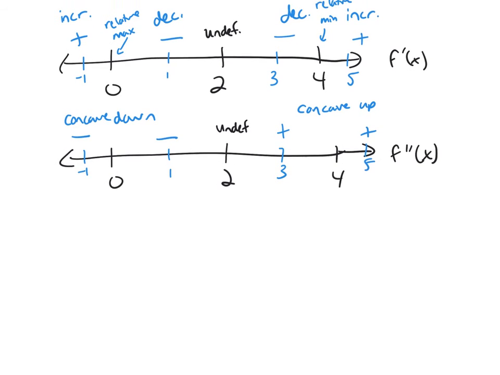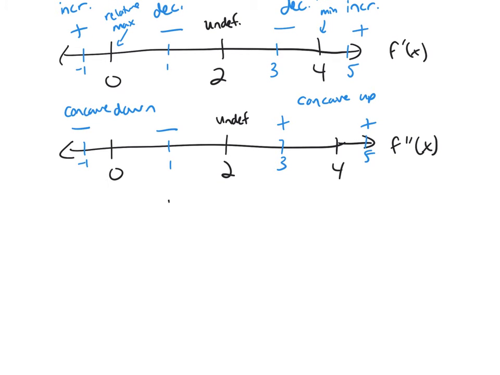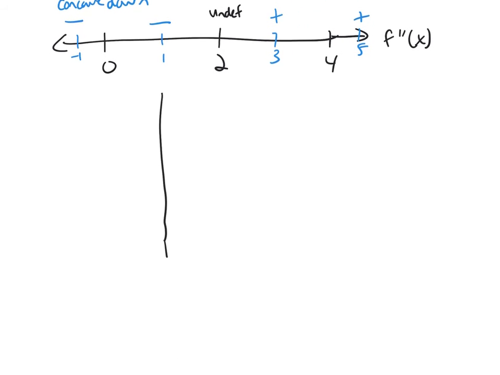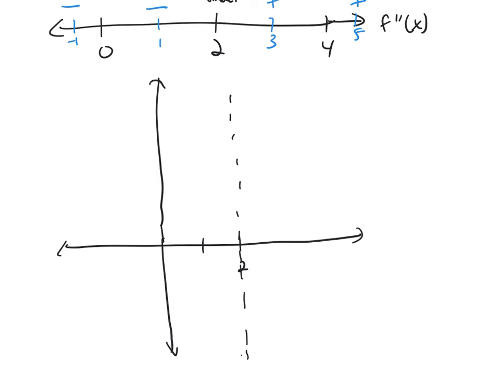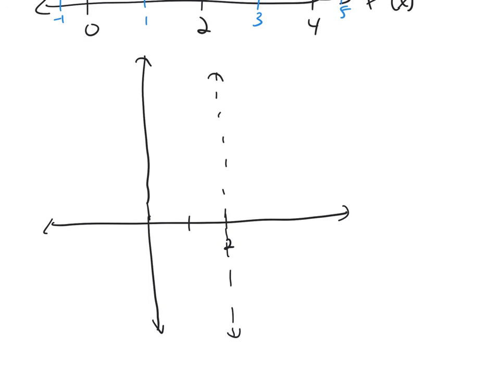All right, so we're going to mark our asymptotes. Let's start there. So the first thing is I had a vertical asymptote at x equals 2. Now I had no horizontal asymptote, but here you do have a slant asymptote, because the degree of the top is bigger.